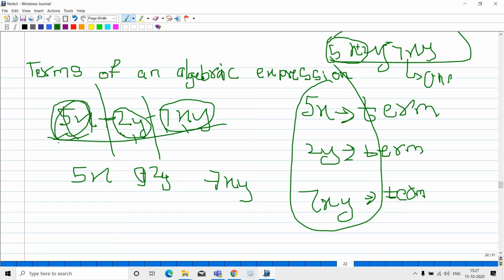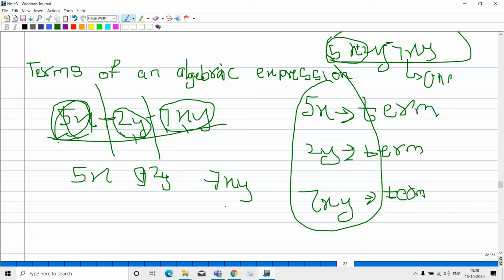So 5x is one term, 2y is one term, 7xy is one term, and the plus and minus signs are what separate them. When all terms combine, an algebraic expression will exist. So here 5x, 2y and 7xy are the terms of the expression.